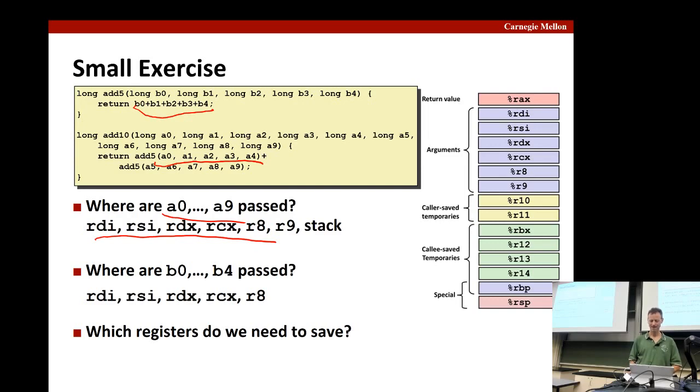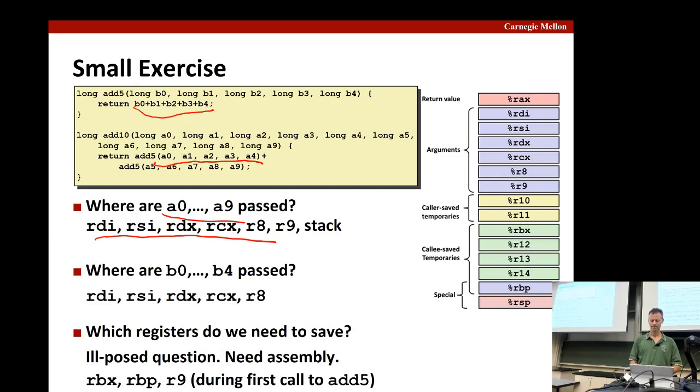And so the question is, which registers do we need to save? Okay, any ideas? Well, it depends on what the compiler ends up doing. Basically, after making this call on the first 5 arguments, it's got to set up the second 5 arguments.